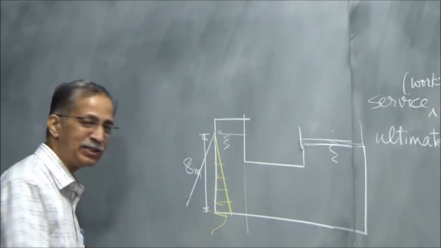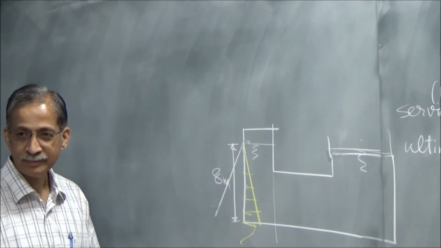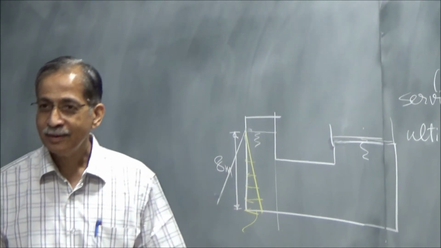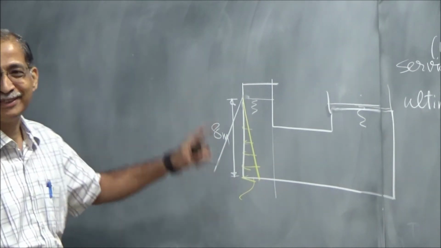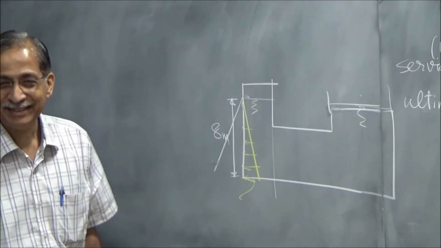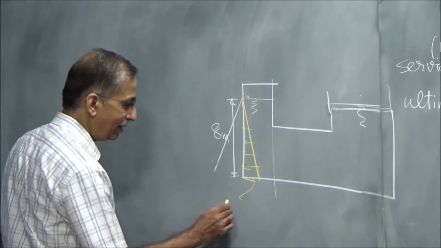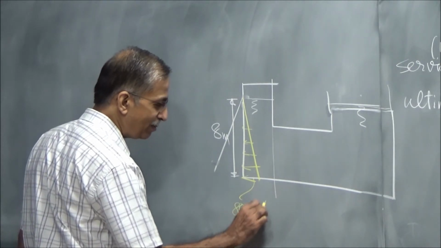How do you find pressure? It's rho g h. Okay. Plus atmospheric pressure, which is not our concern. Tell me how much? 80 kilonewton per meter square.